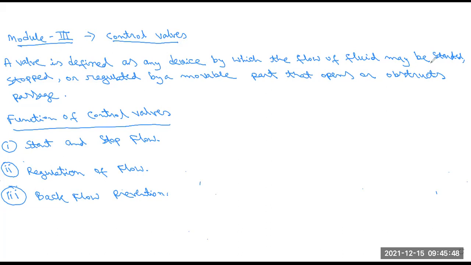So this is basically another function of this control valve. It maintains backflow prevention. That means water does not pass back to the starting point. When it is started, it flows continuously, but with the backflow prevention method the flow does not go back to the starting point.